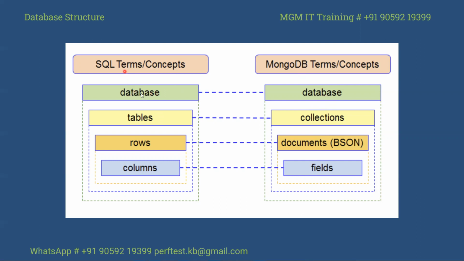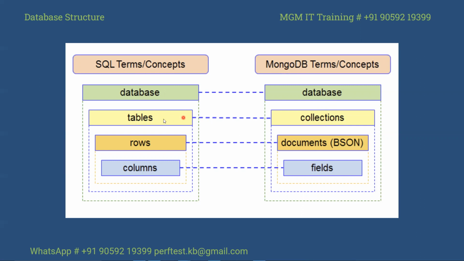And a database consists of multiple tables in a relational database, right? In a non-relational database like MongoDB, we call that a collection. So a collection is nothing but a table in MongoDB, right? It acts like a table.